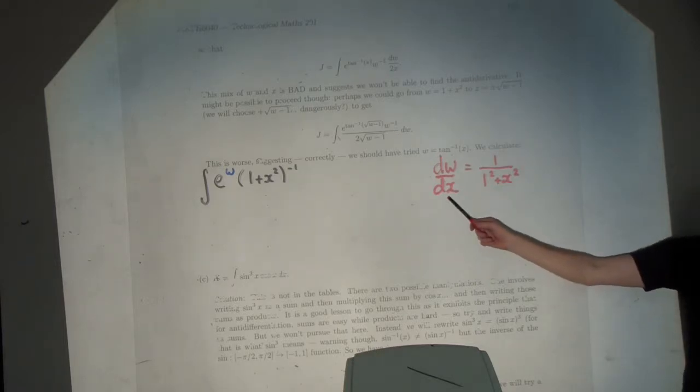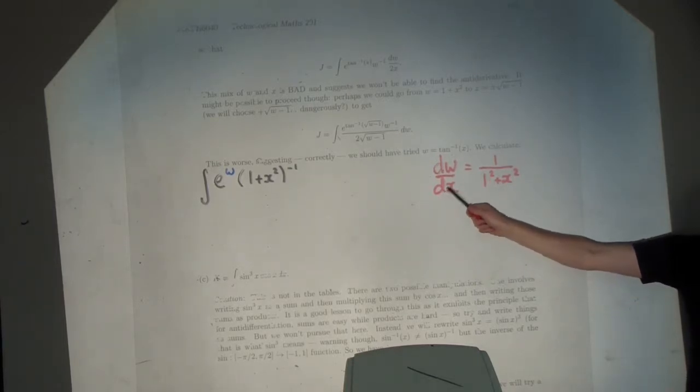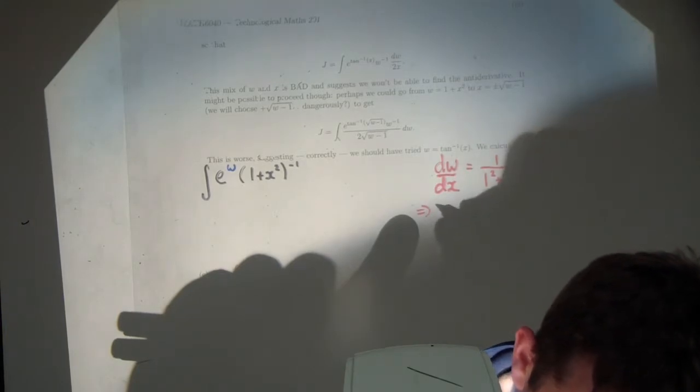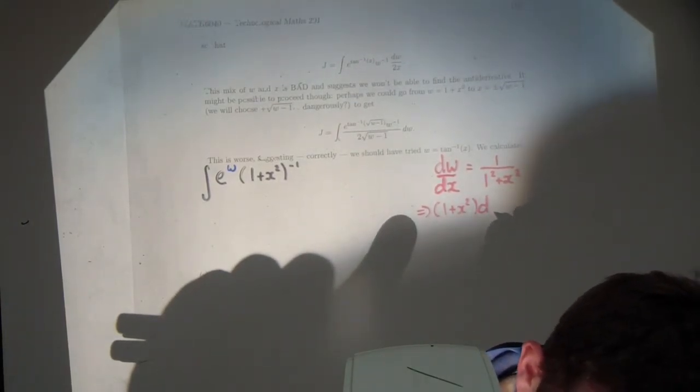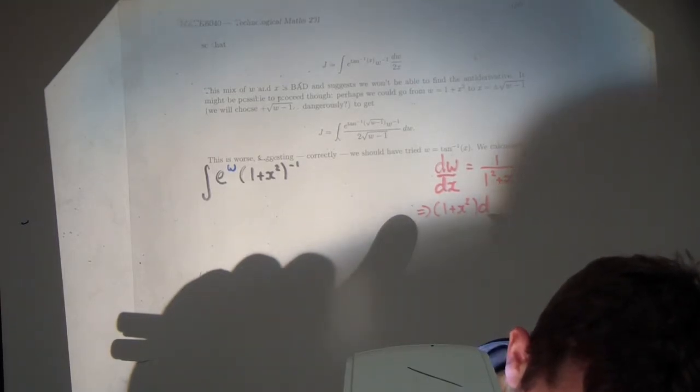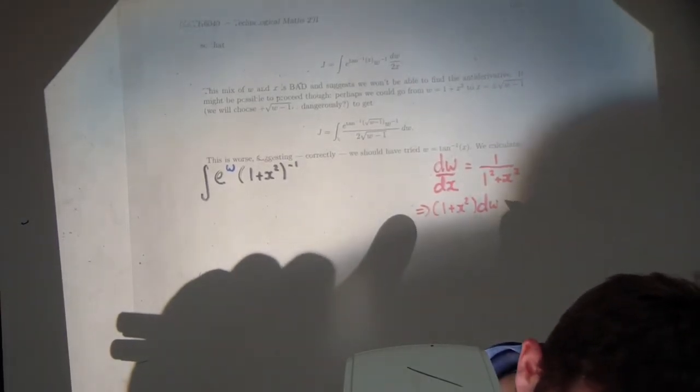So we want to solve for dx, so I'm going to multiply both sides by dx and multiply both sides by 1 plus x squared. I will get 1 plus x squared times dw equal to dx.